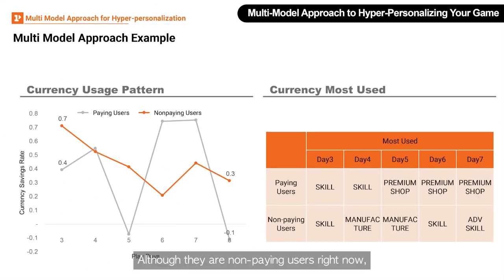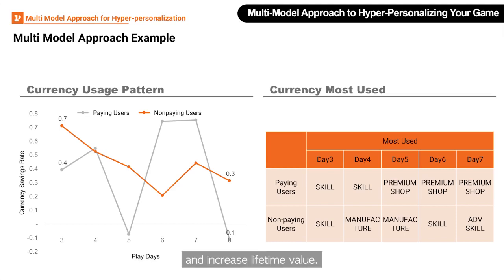Although they are non-paying users right now, if you analyze what problems they are facing and provide hyper-personalized services and offers, you can encourage them to play longer, eventually leading to them making in-app purchases and increase lifetime value.